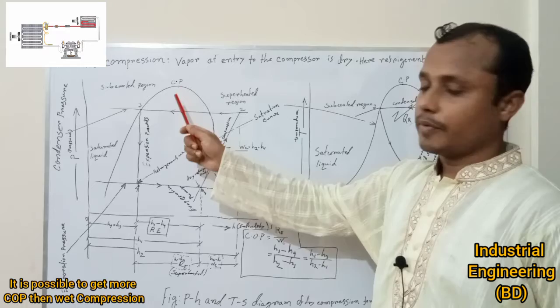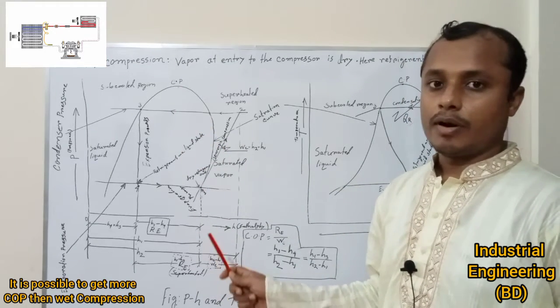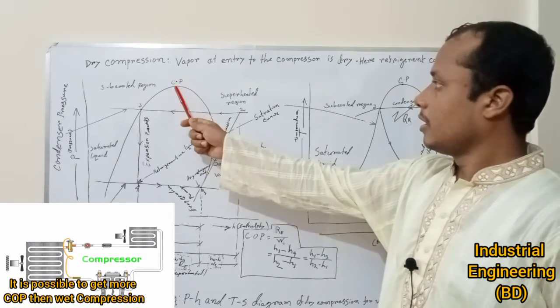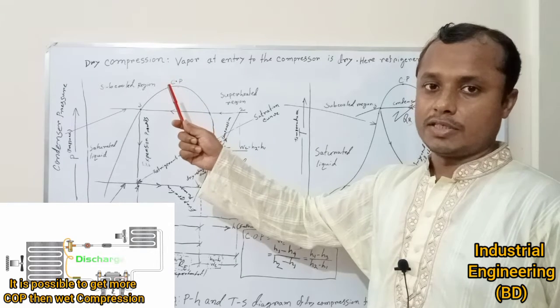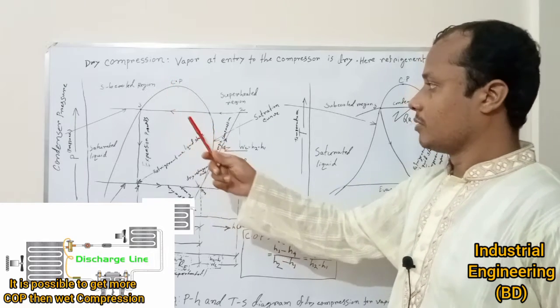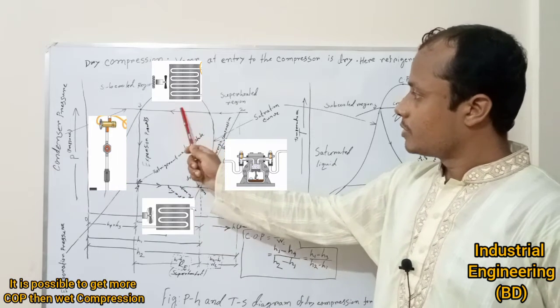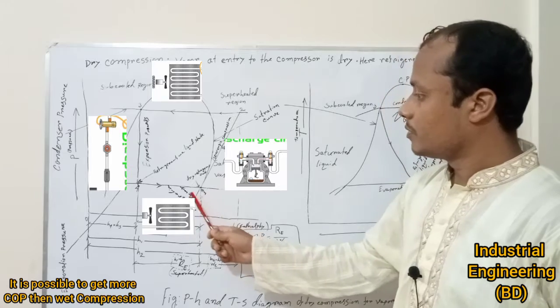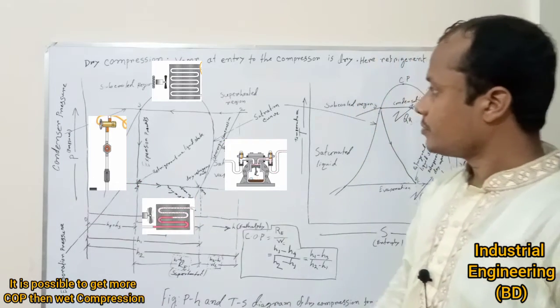Here in this critical point, highly pressurized liquid and vapor are in equilibrium, that is, at this point liquid and vapor are in equilibrium at high pressure. So I have drawn two horizontal lines. The top of this horizontal line is condensation pressure and the bottom is evaporation pressure.